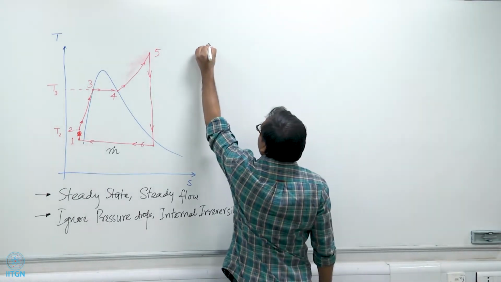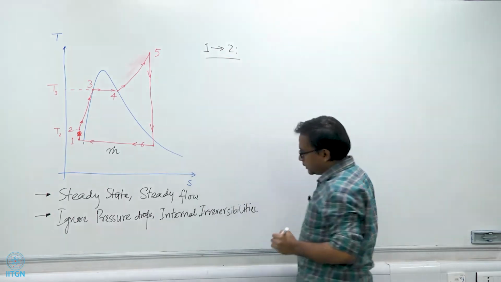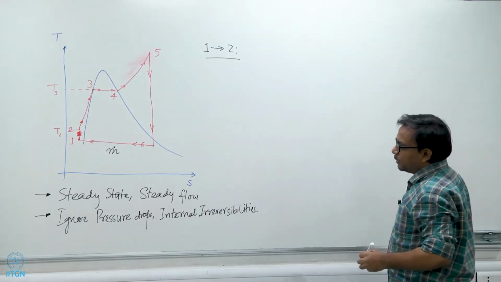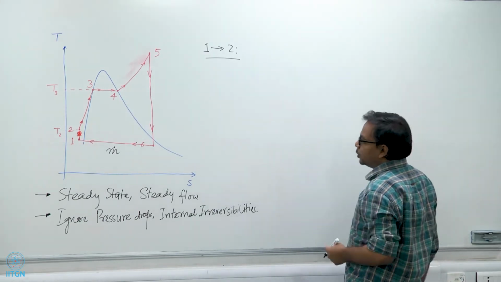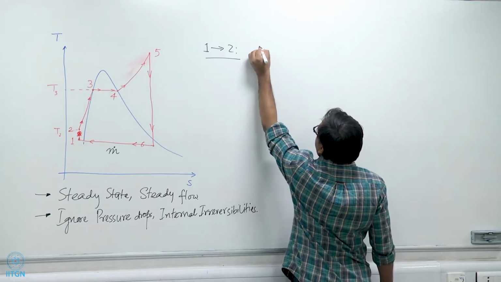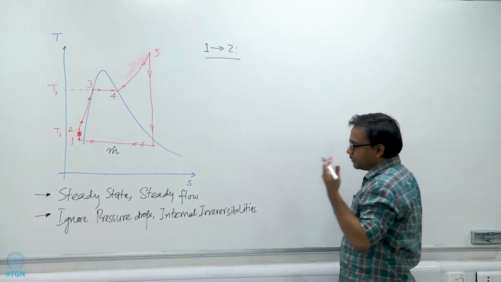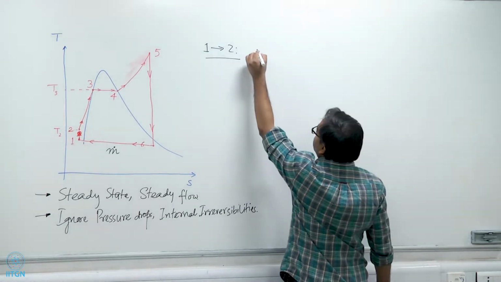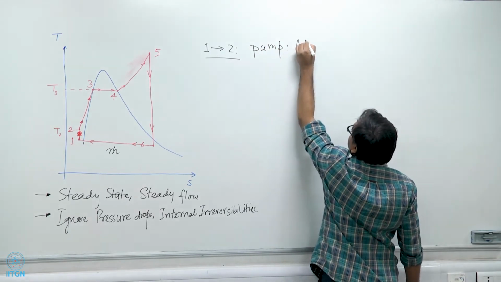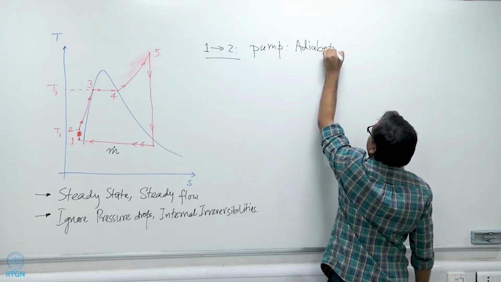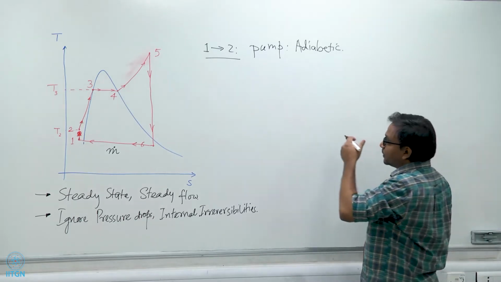So, first let us calculate process 1 to 2. Okay. So, this is a simple pumping process. You are pumping the liquid water from state 1 to state 2. Here we can assume, without further complicating things, that the pump is operating adiabatically, meaning that it is well insulated and it is not exchanging any heat with the surroundings.